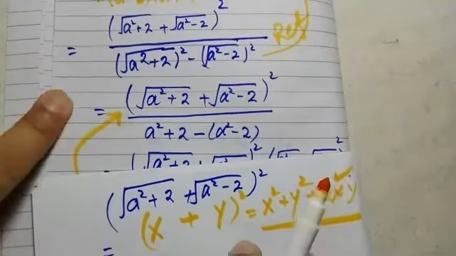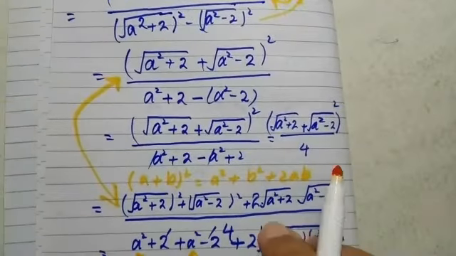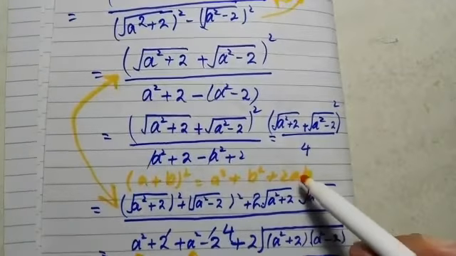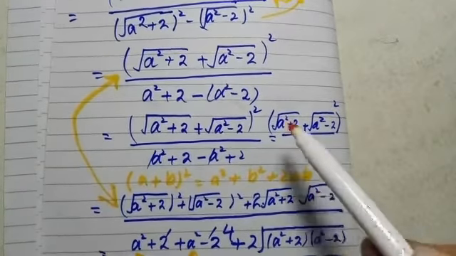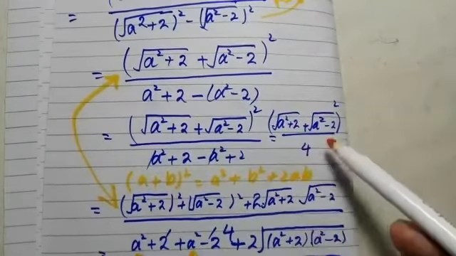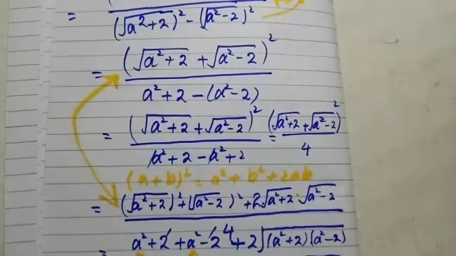So I have also quoted the formula right here. You can see that this is a square, b square, plus 2ab. So the 2ab means the first term and second term. What is the first term in the upper bracket? You can see that a square plus 2 is the first term and a square minus 2 is the second term. This is the second bracket. So now we have done the multiplication.